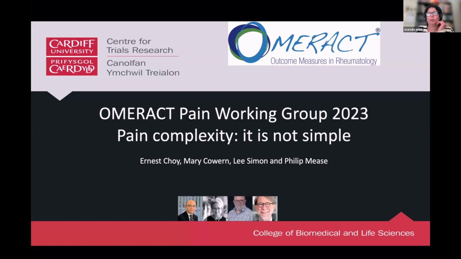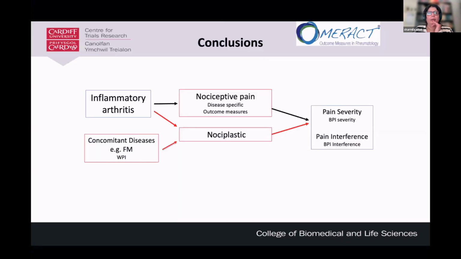Therefore certain types of pain phenotypes present in people with inflammatory arthropathies have a direct impact on how pain is measured and how much pain is measured, and act as confounders in research trials or also within the clinic.